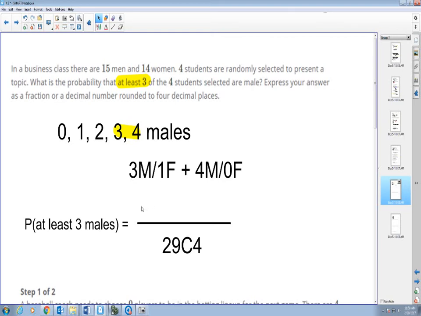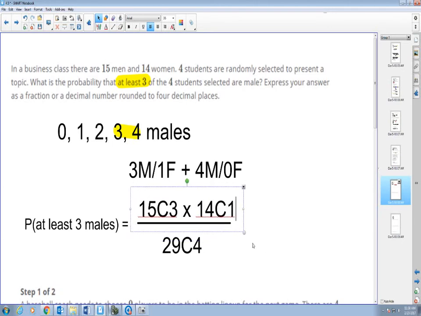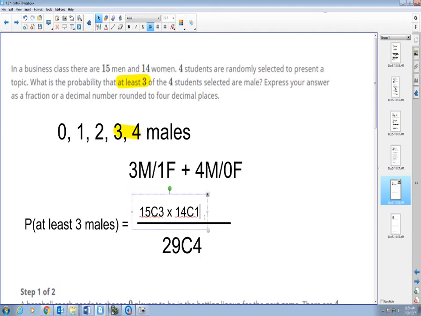The 3 male, 1 female scenario will be 15 male choosing 3 of them, followed by 14 female choosing 1 of them, or, which means we will add.